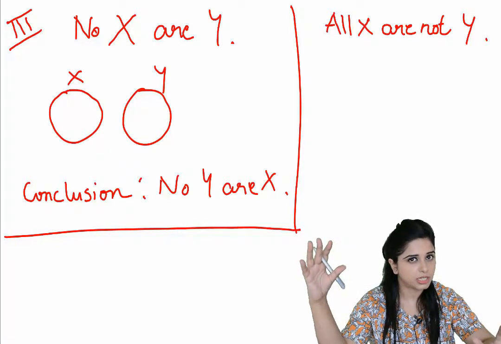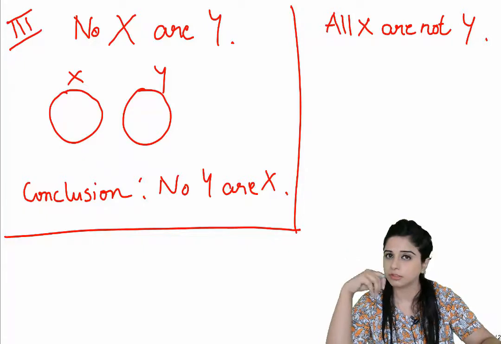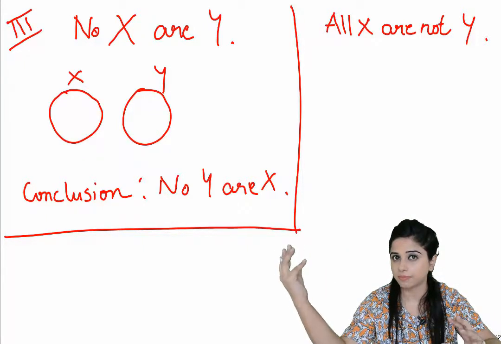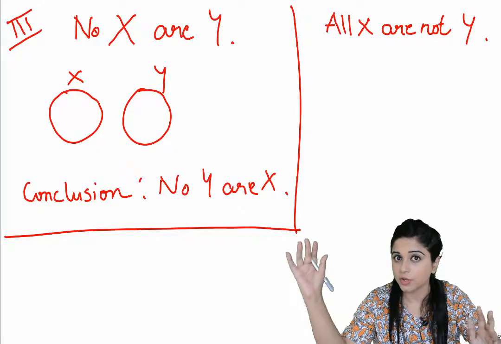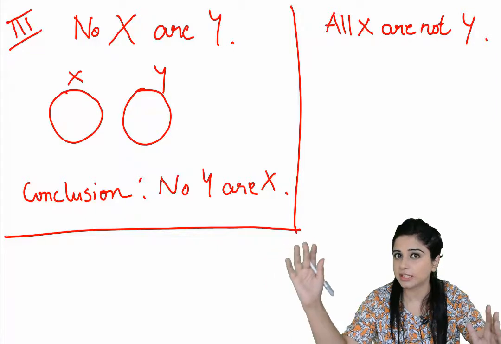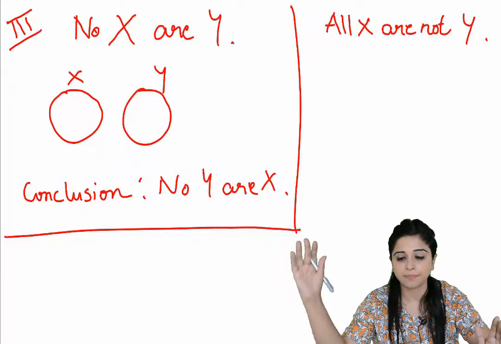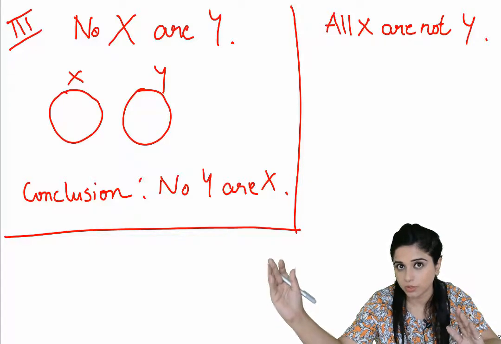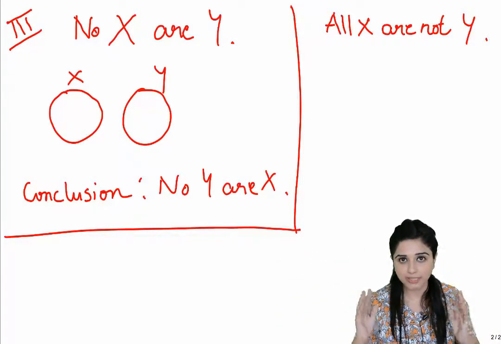Think about it for a minute. Are you thinking along the lines of some? Think about this way, all x are not y. Are you thinking we're going to get the some statement? Think again, think carefully. Are you going the some way? Don't. Come back.